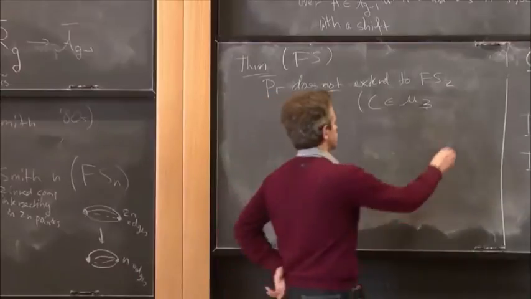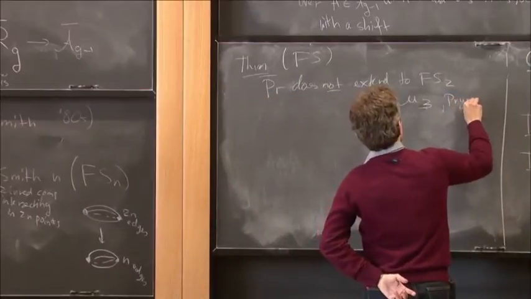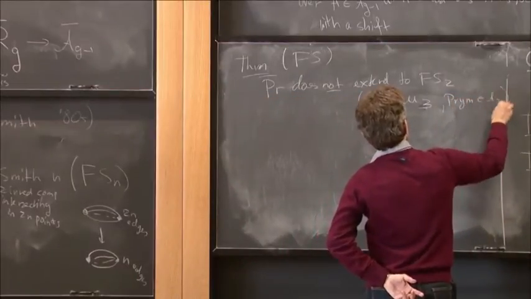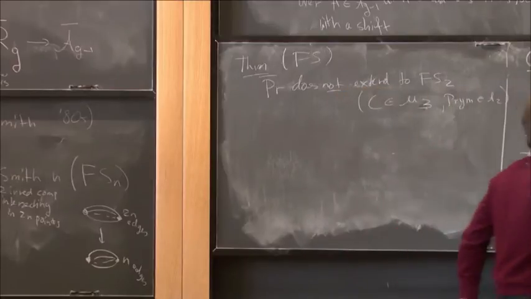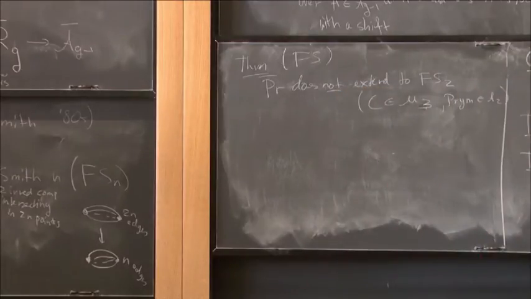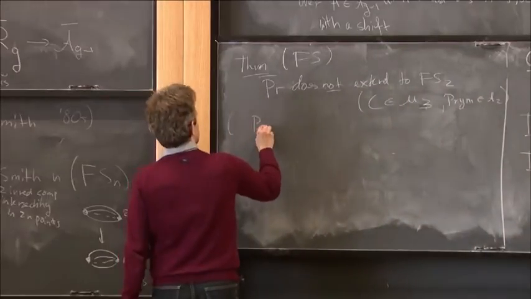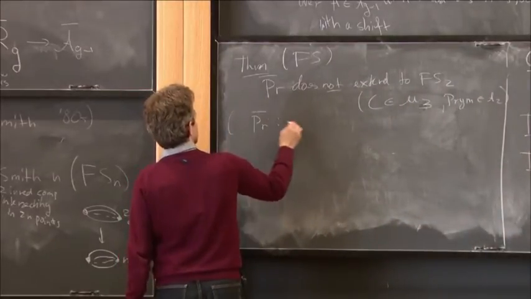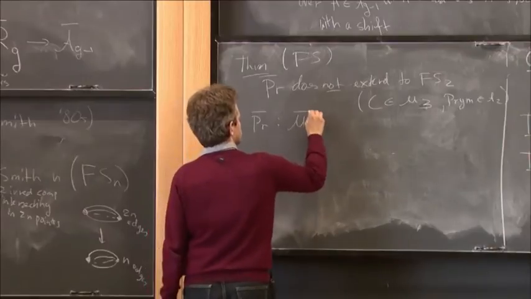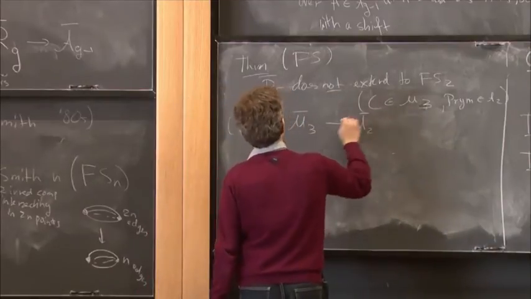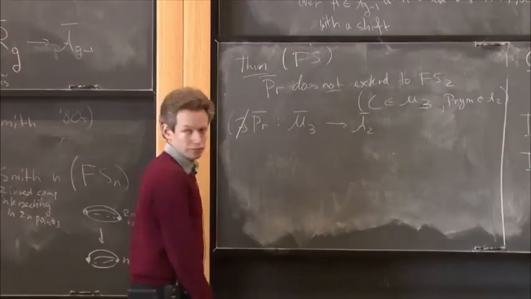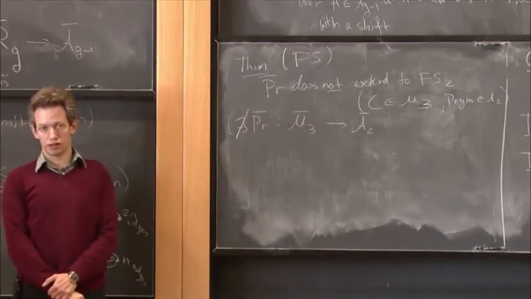And then the cover is, and the Prym would lie in A2, right? And for A2, all the toroidal compactifications are the same. So the correct statement is that the Prym map does not exist as a map from M3 bar to A2 bar. Okay? So that's the correct statement.